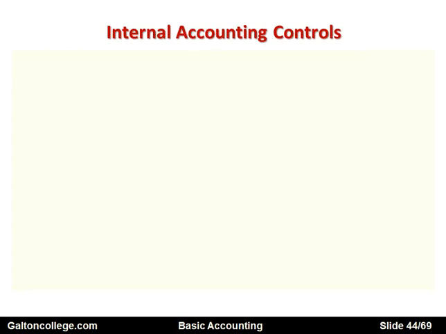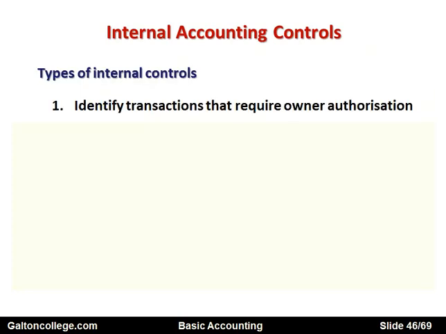Now, the internal accounting controls. Well, the types of internal accounting controls identify transactions that require owner authorization. That may be one way of dealing with the internal accounting controls. Certain transactions have to be authorized, and there may be designated people who can authorize.